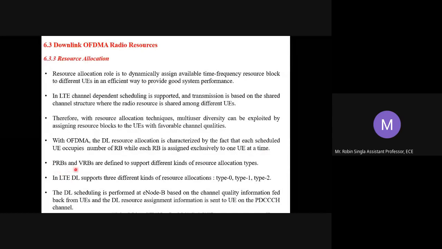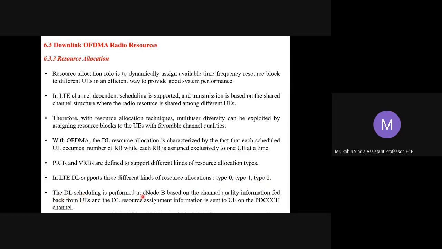Now PRB and VRB, physical resource blocks and virtual resource blocks, are defined to support different kinds of resource allocation types. In LTE, downlink supports three different kinds of resource allocation: type 0, type 1, and type 2.